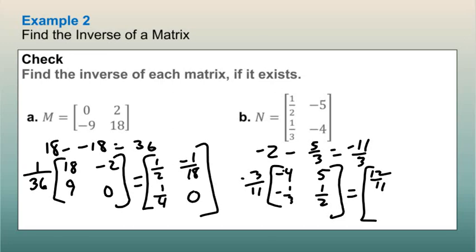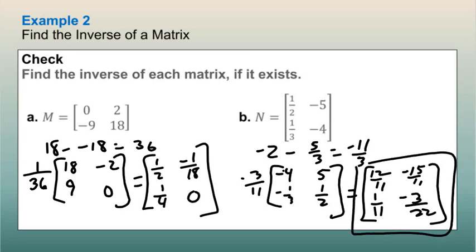Negative 3/11 times 5 gives us negative 15/11. And then negative 3/11 times negative 1/3 gives us 1/11. And negative 3/11 times 1/2 gives us negative 3 over 22. So here's our inverse.